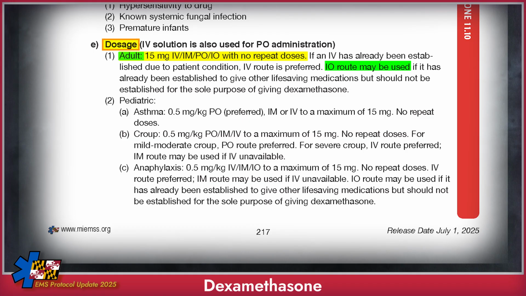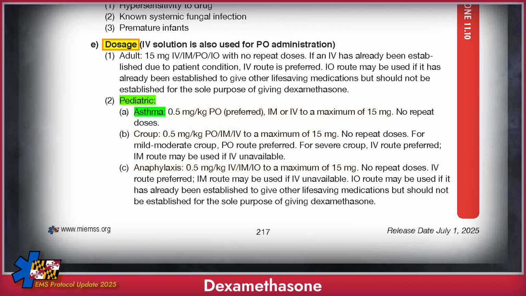However, an IO should not be established for the sole purpose of giving dexamethasone. Pediatric dosing is 0.5 milligrams per kilogram, PO, IM, IV, or IO to a maximum of 15 milligrams. There are no indications for repeat doses.